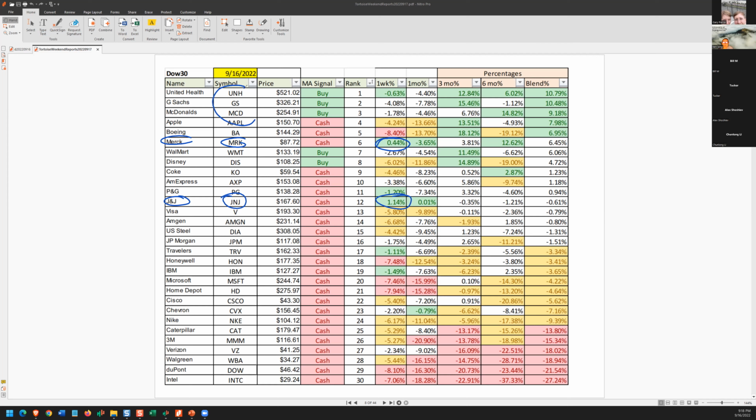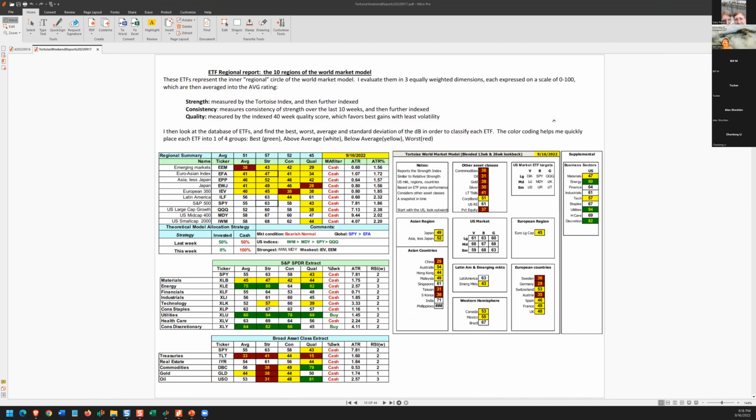Only a handful of things are above their 4-month moving average. Walmart, Disney, McDonald's, or Walmart and McDonald's. The only ones remotely of interest to me right now. Looking at the world market model, the U.S. remains comfortably above average.